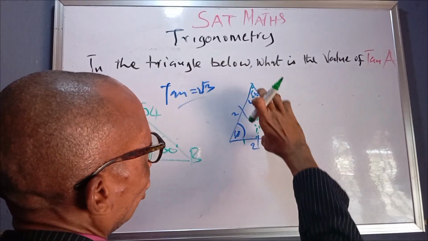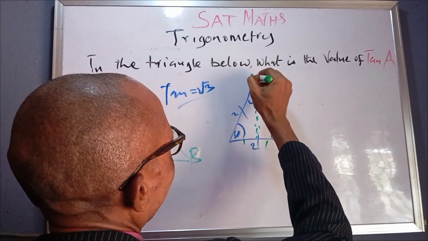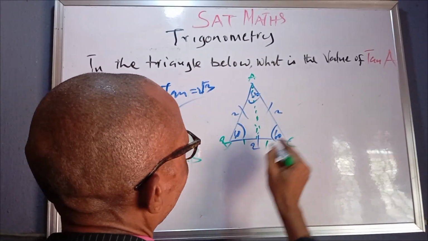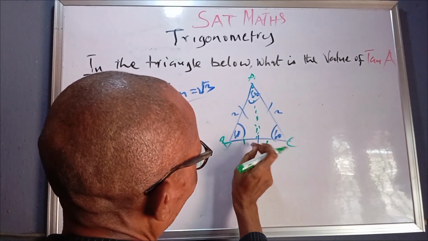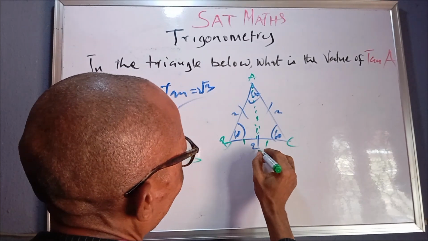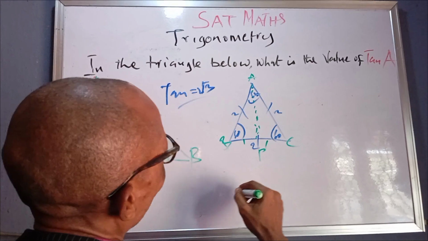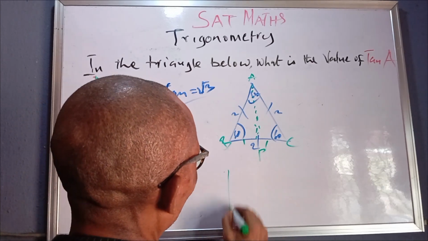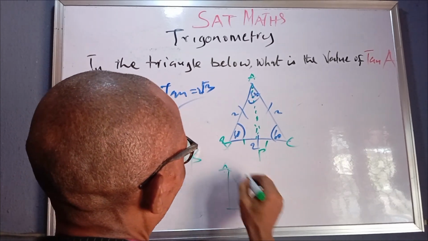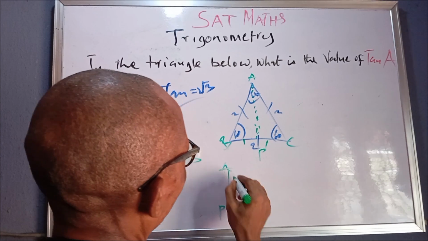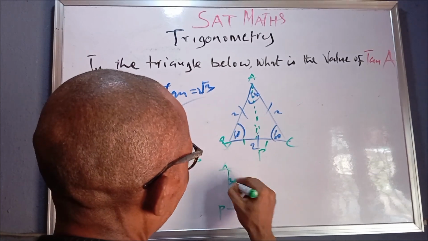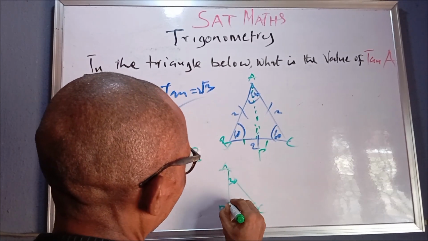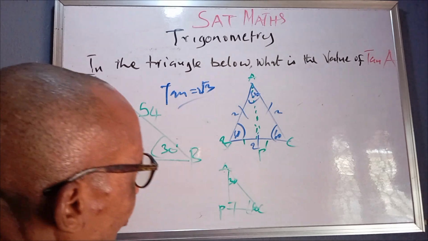So if we bring one of these triangles out, supposing here is ABC, and this midpoint of BC is P, so let us have triangle APC. Here it becomes 30, here is 60, and here is 90.